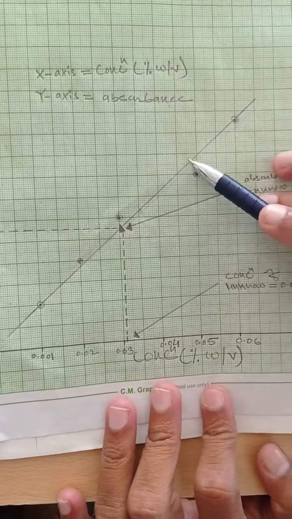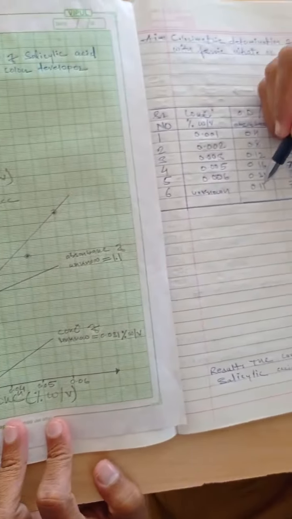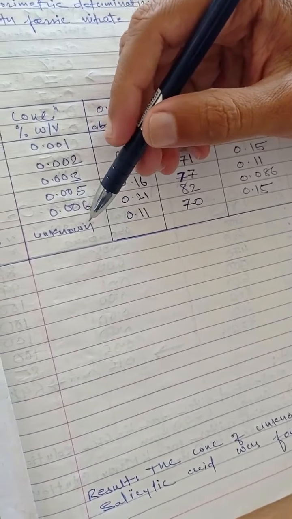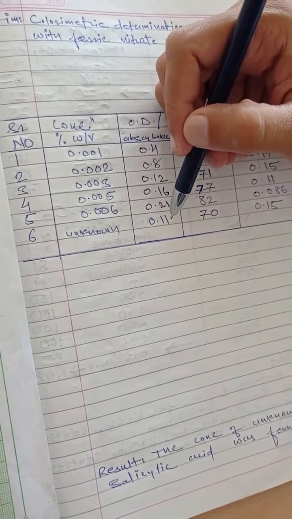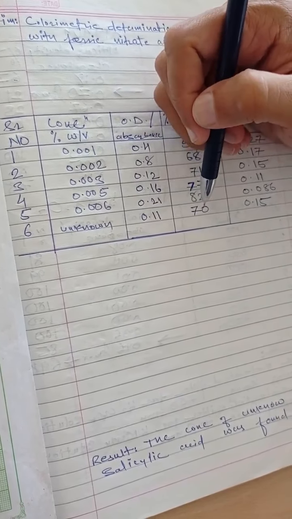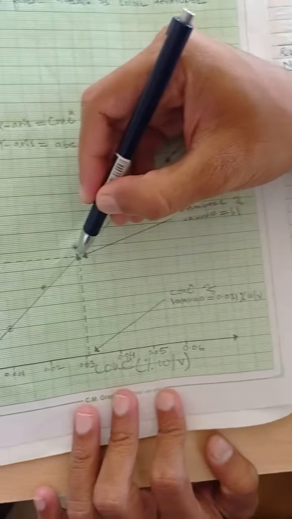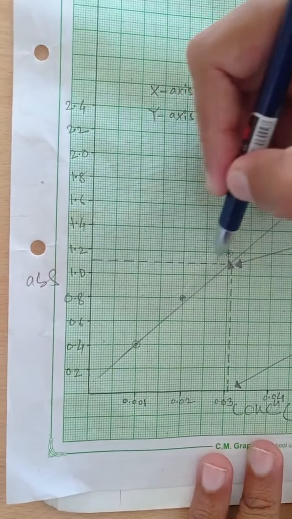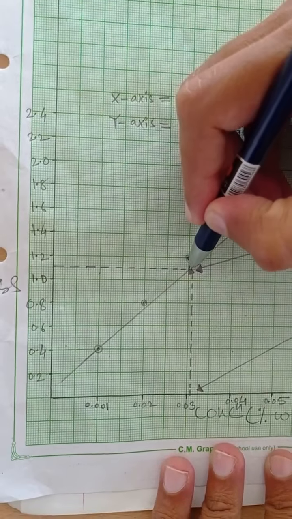This is a linear line, and the absorbance of the unknown solution was found to be 0.11. This is the point. 0.11 is the absorbance of the unknown solution.